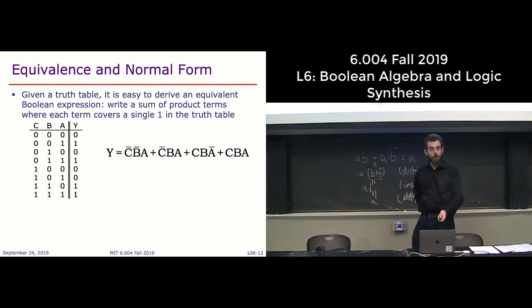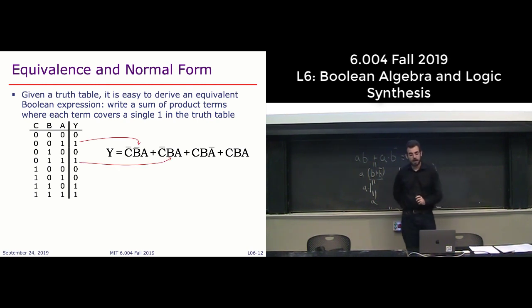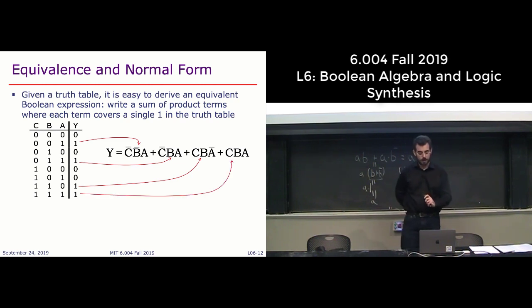So in this case, if we want to write something that's 1 only when C is 0, B is 0, and A is 1, well, that's not C and not B and A, right? And so this term maps to this row, this term maps to this row over here, this third term maps to this row, and this term maps to this row.